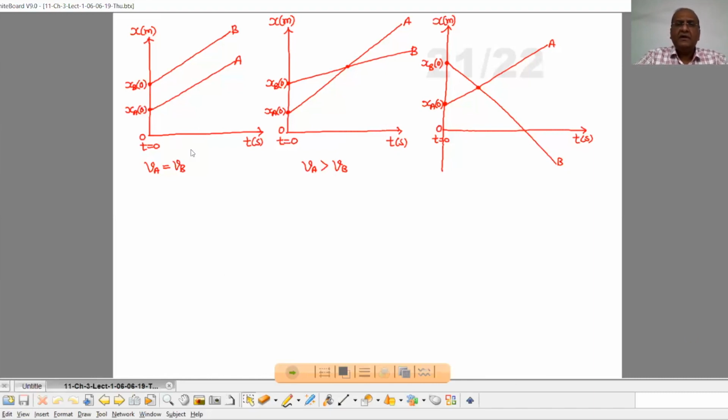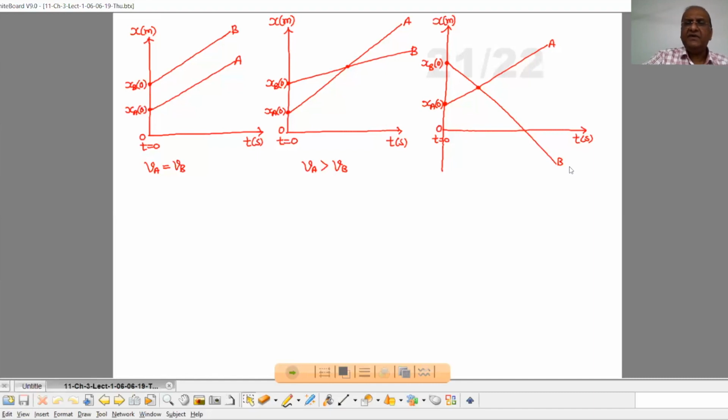Then in the third graph, again see the positions of A and B. This is the initial position of A, and this is the initial position of B. But now the position-time graph of A is moving upward, and the position-time graph of B is moving downward. So the slope of A is positive and the slope of B is negative.